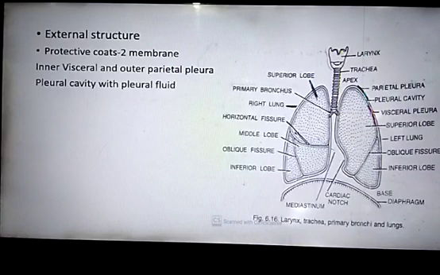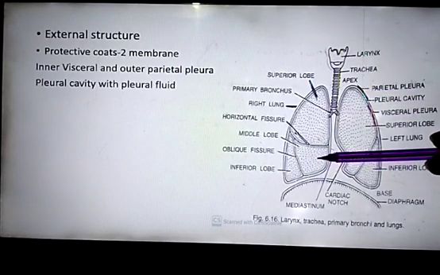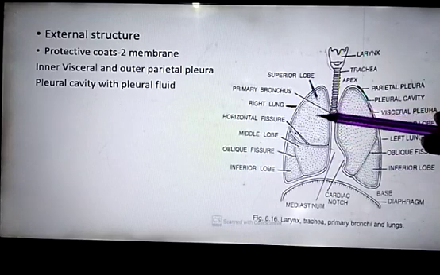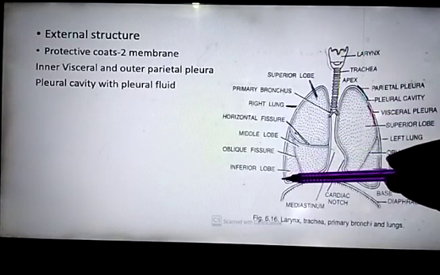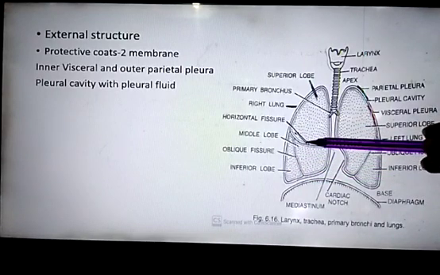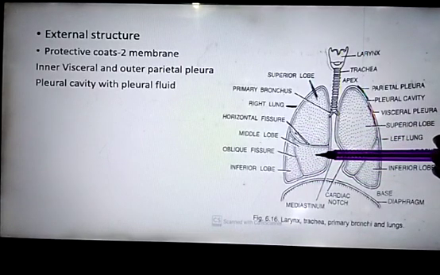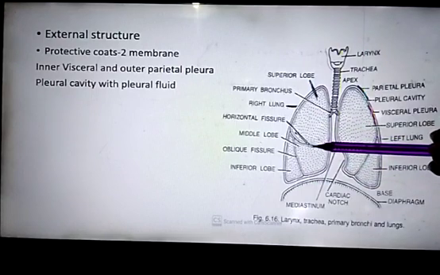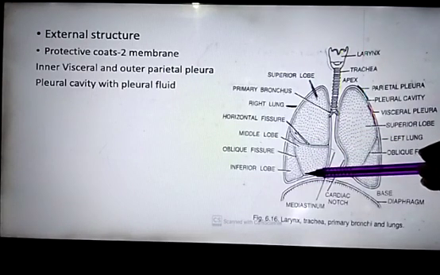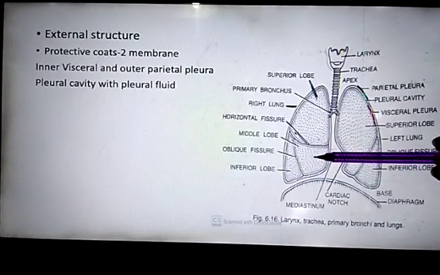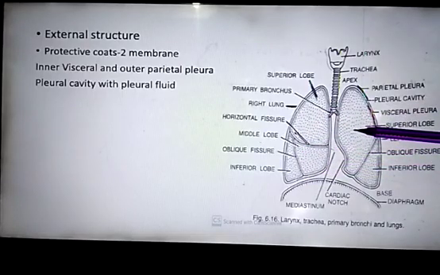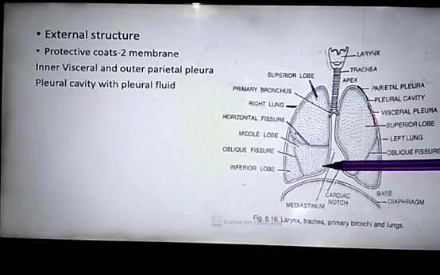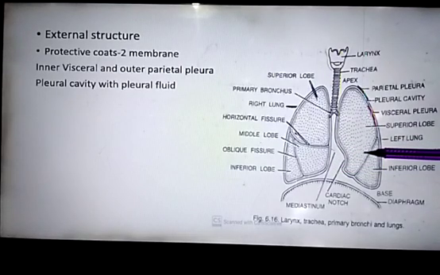The right lung, as you can see, has three lobes: superior lobe, middle lobe, and inferior lobe, which are divided with the help of the transverse or horizontal fissure and the oblique fissure. The right lung is broader than the left lung and it is larger than the left lung.